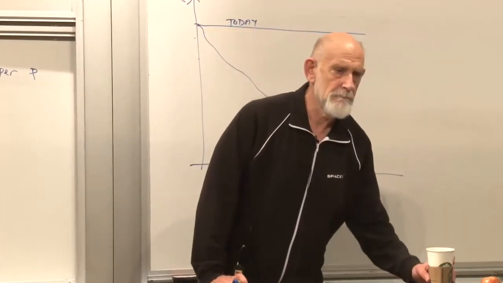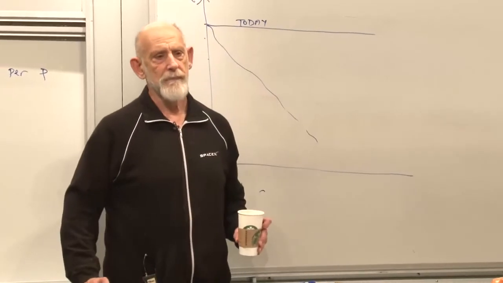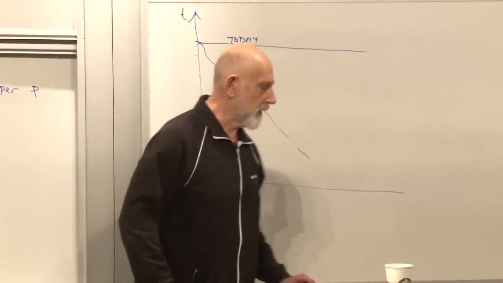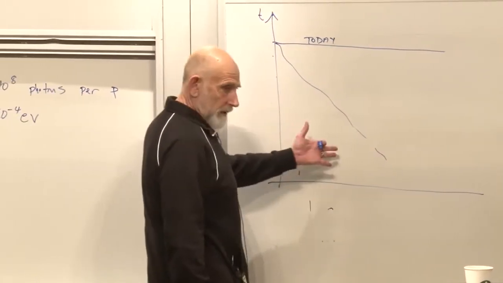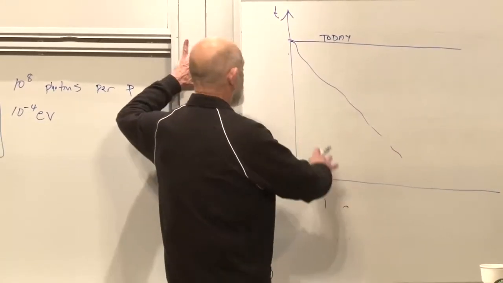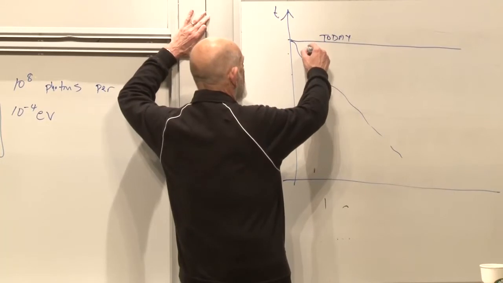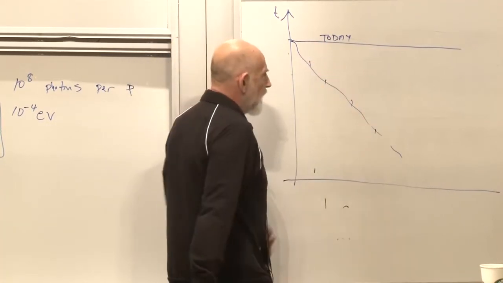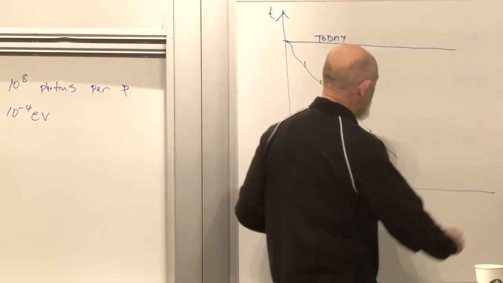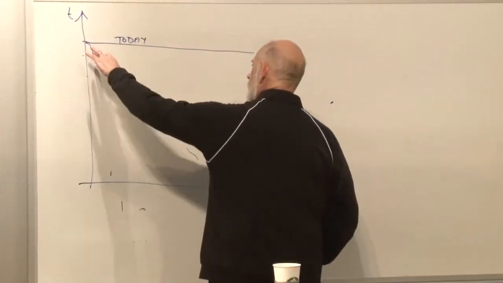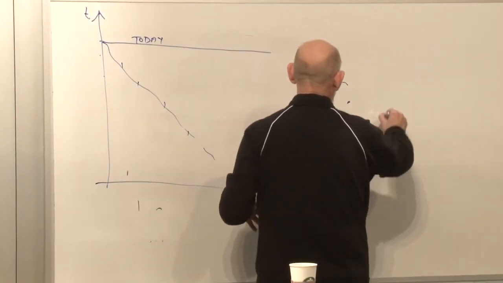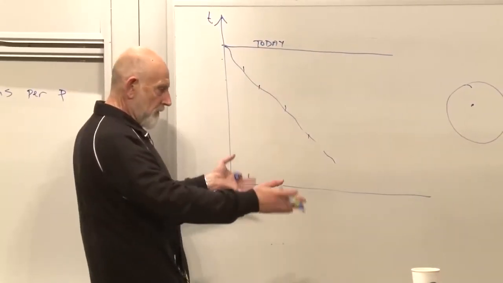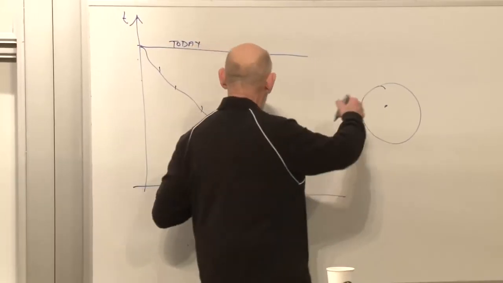My question is, at the era of recombination, that's kind of where our cosmological observations end? That's correct. All right. So in looking back to different time periods, we see different distances. We sit at the center and we look out and we see 1,000 years ago, we see things 1,000 light years away, a shell.